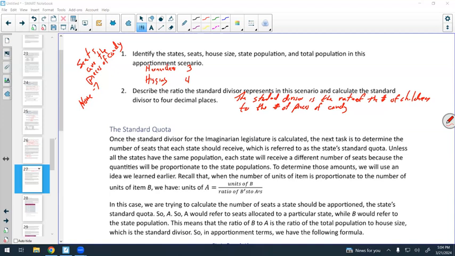So our standard divisor is 7/313, or roughly 0.0224.